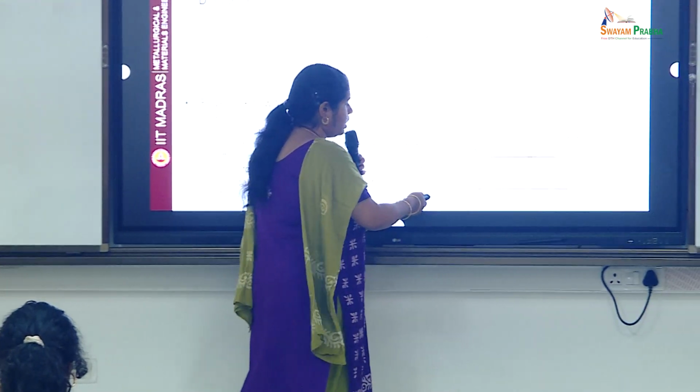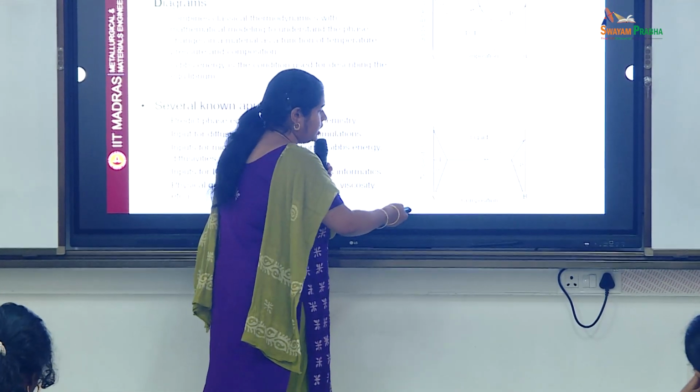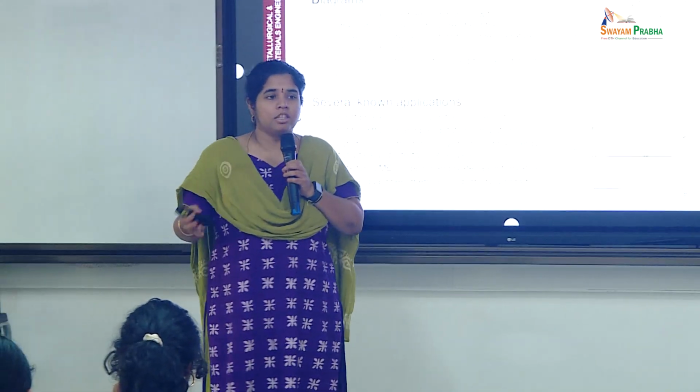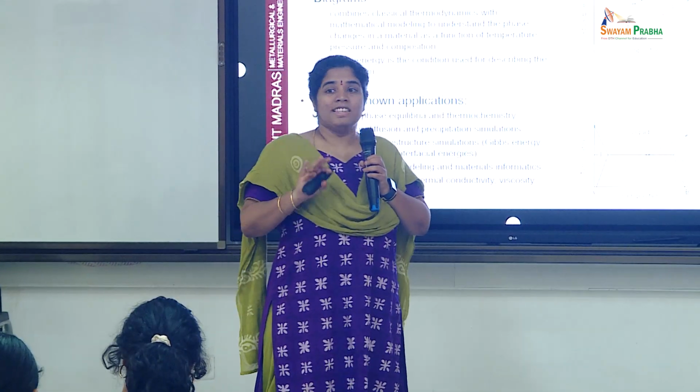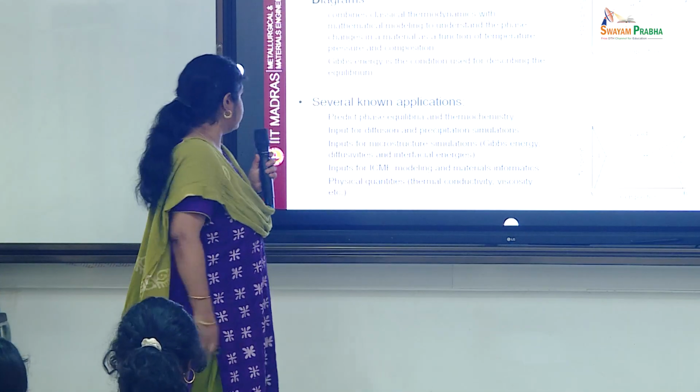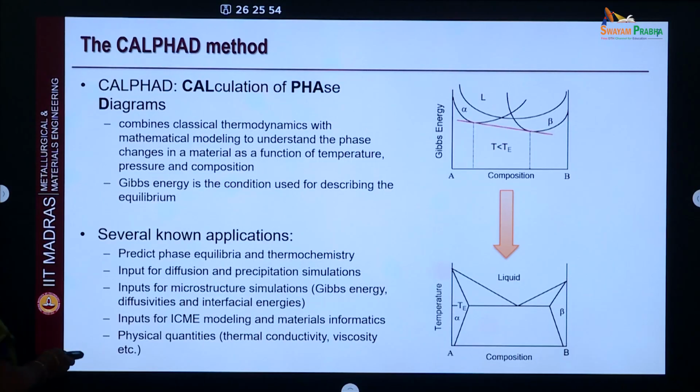So like that, you can map the phase transitions as a function of both temperature and composition. You can see what phase transitions happen in this direction, horizontally, or this direction, vertically, either at constant temperature or constant composition. This is very important for understanding material behavior, the phase diagrams. Several applications are there. Predicting the phase equilibria, that is the phase diagrams, and the properties like enthalpy, entropy, and Gibbs energy are all called thermochemical properties.